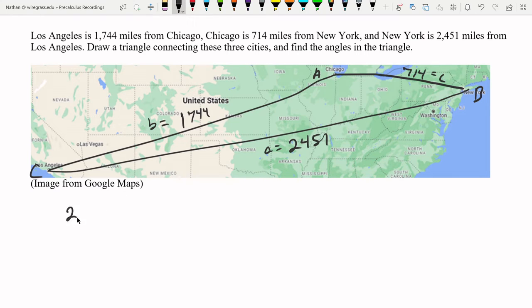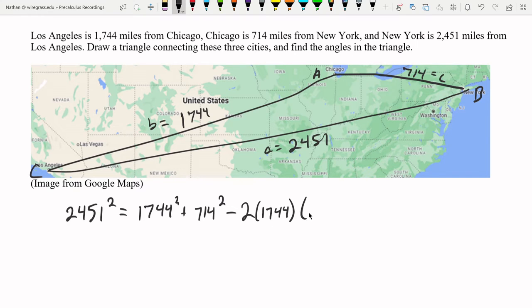So a squared equals b squared plus c squared minus 2 times b times c times cosine of the angle we're looking for. That's what we're trying to find.